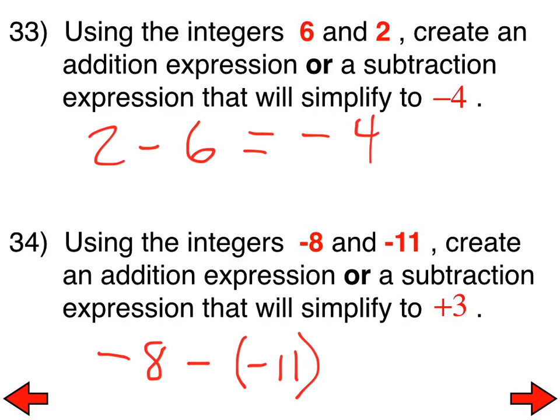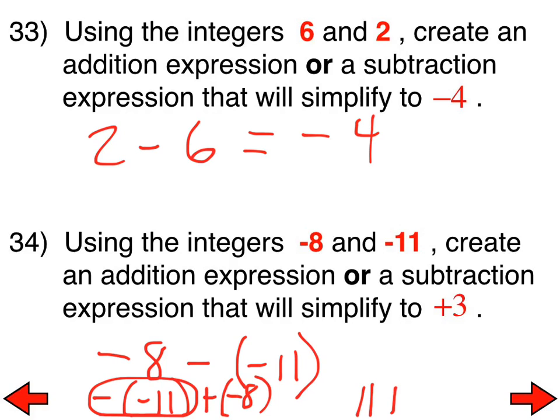Negative, with negative 11 in parentheses plus negative 8 in parentheses. Is this what you said? Yes. Okay, would that have a sum of positive 3? So this part right here actually ends up being 11. Does that work? Yeah, sure, it works. Okay, so that would be 11 plus negative 8, and that also is positive 3.